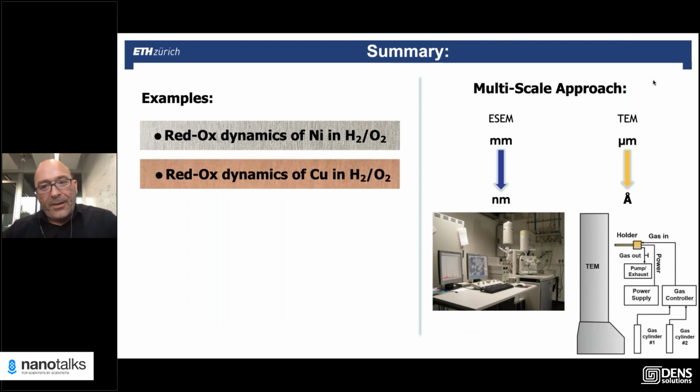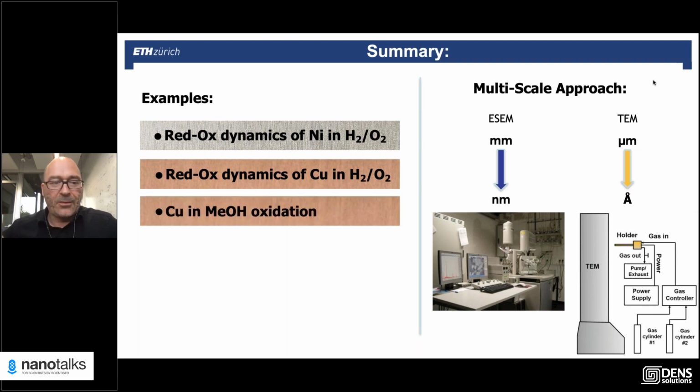So we have looked at quite a few systems, and they were all showing interesting dynamics. I just want to show that we did not only study the formation of water, which is maybe not interesting for catalysis, but it's a good elementary redox reaction. We went on and studied copper in methanol oxidation, and we have a lot of data.